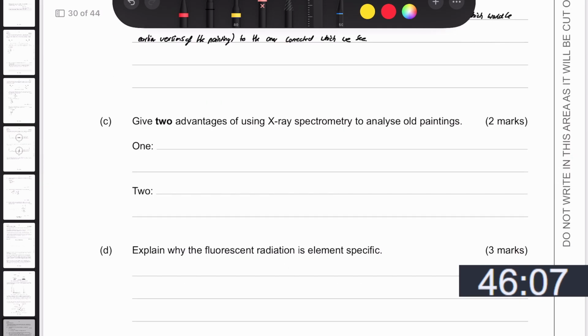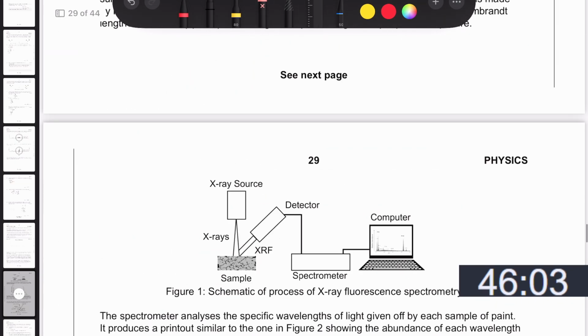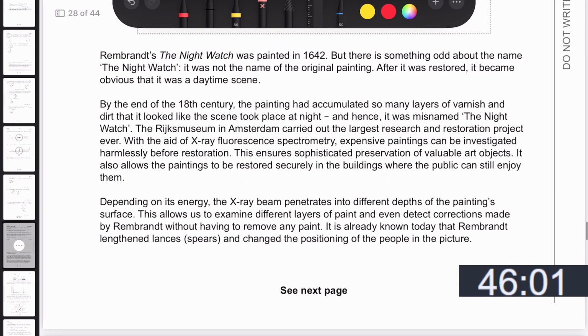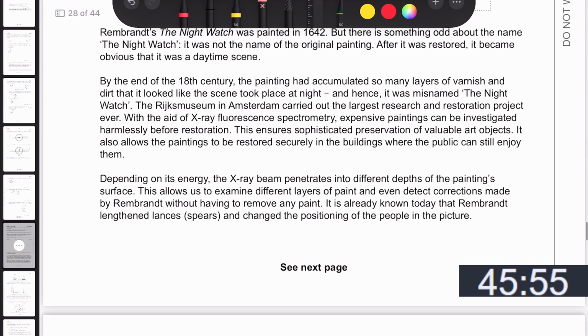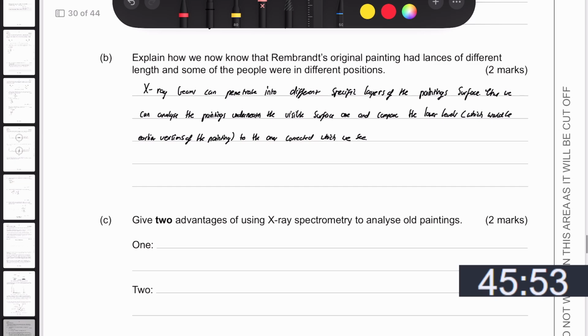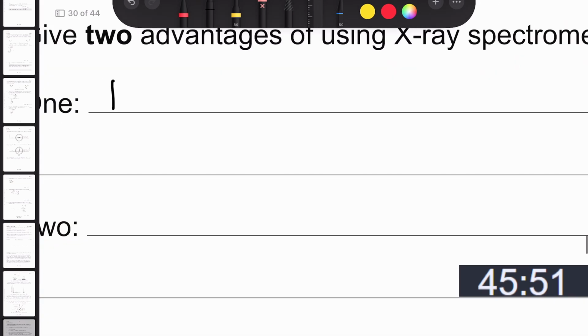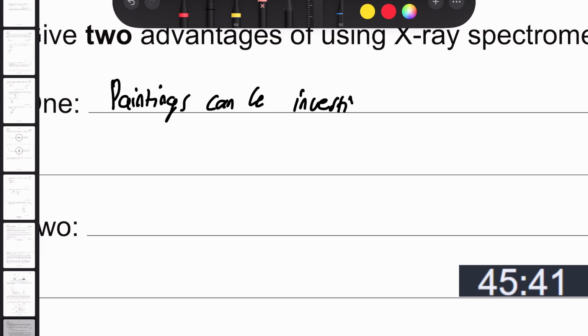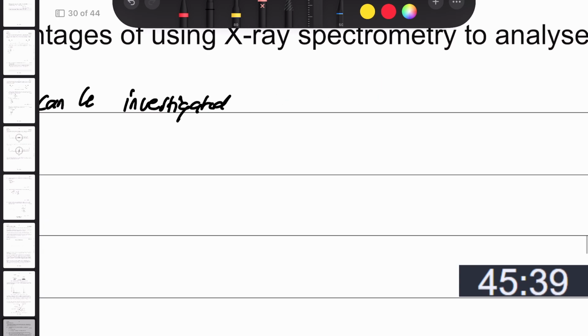There are two advantages of using X-ray spectrometry to analyze old paintings. One of them is that the painting itself is not harmed before restoration, so paintings can be investigated harmlessly.